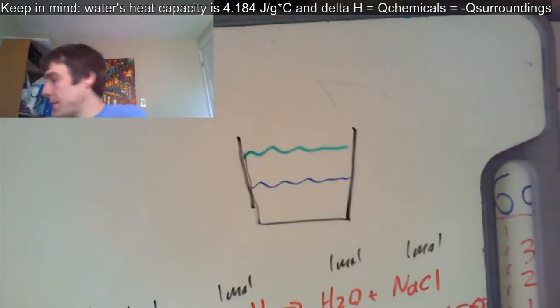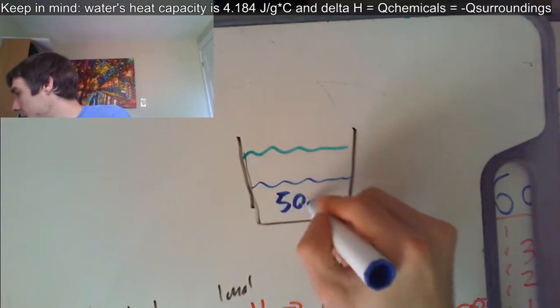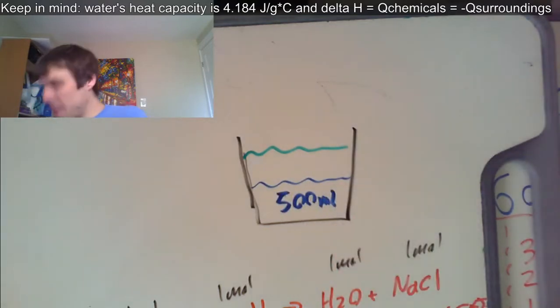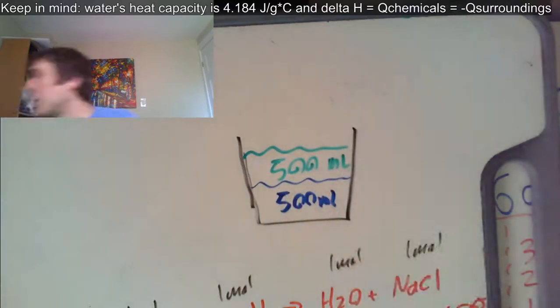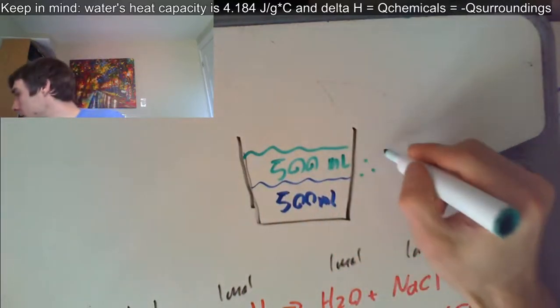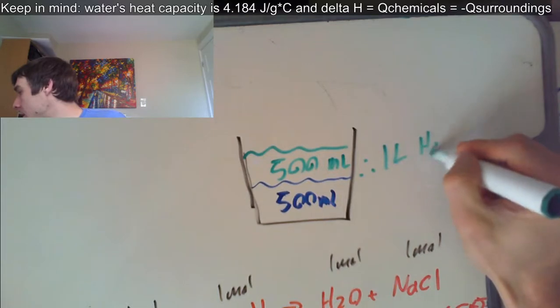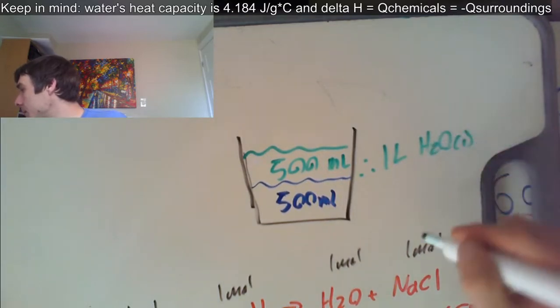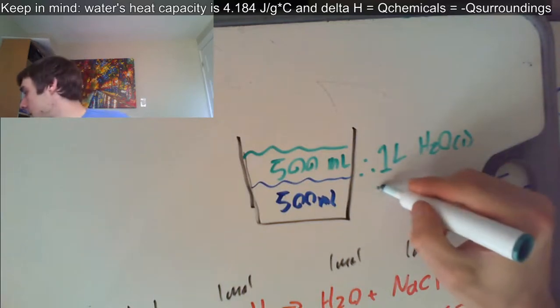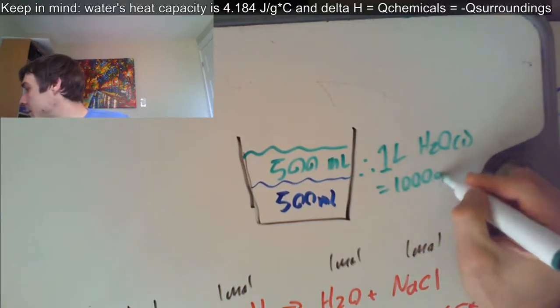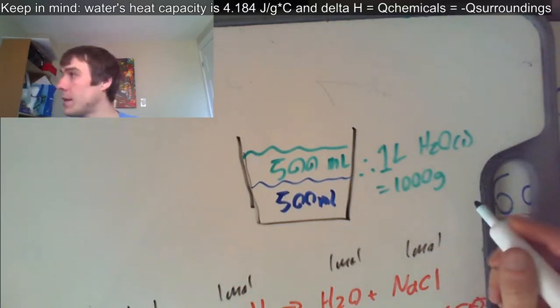The acid was 500 milliliters, and the base was also 500 milliliters, right? So together, we have 1 liter of liquid water, which is 1,000 grams.